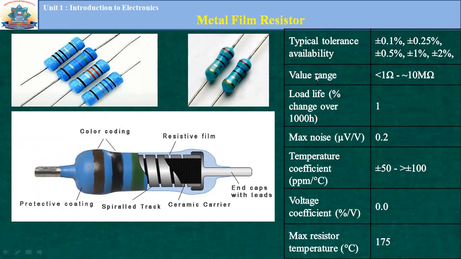The value of this resistor ranges from 1 ohm to 10 mega ohm. The maximum temperature it can withstand is 175 degrees Celsius.